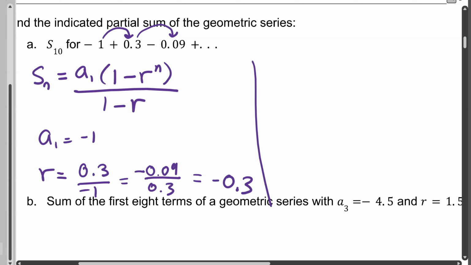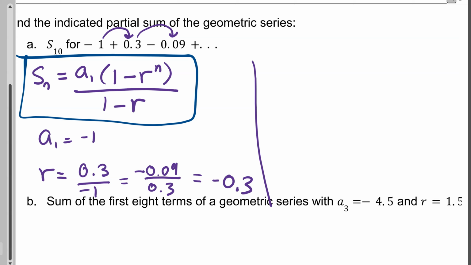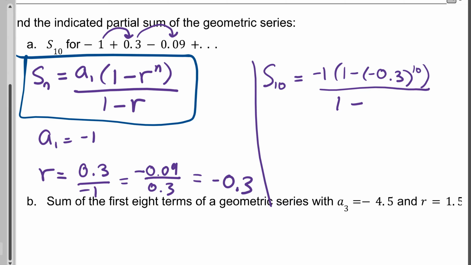If you wanted to do this in sigma notation, you're more than welcome to, but again, you still need to know how to use this formula. So the sum of the first 10 terms would be my first term, -1, times 1 minus my common ratio, keep in mind that's a negative number, raised to the 10th, divided by 1 minus -0.3.